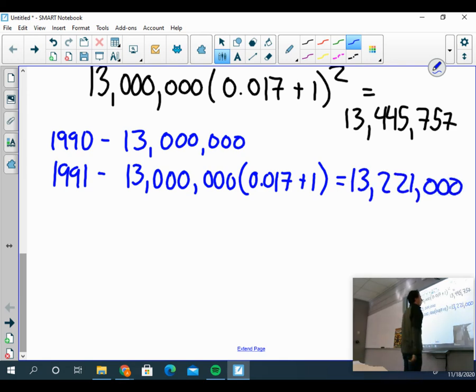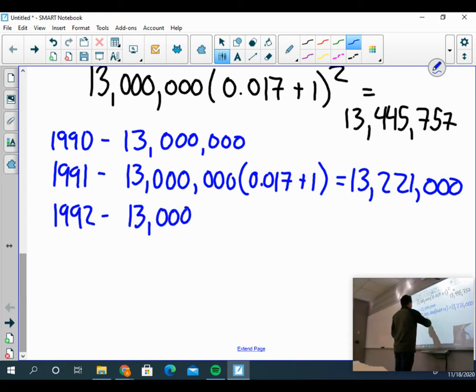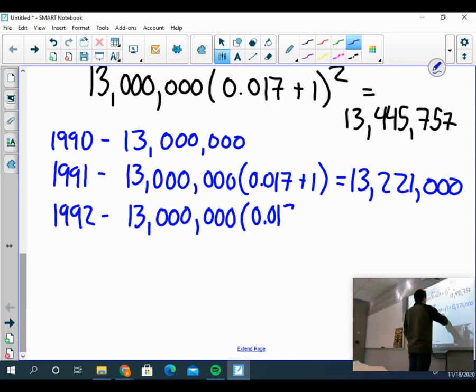In the middle, we got the formula. At the end, we got the answer. In 1992, our setup was 13 million times 0.017 squared, or plus 1 squared, and that gave us our value.